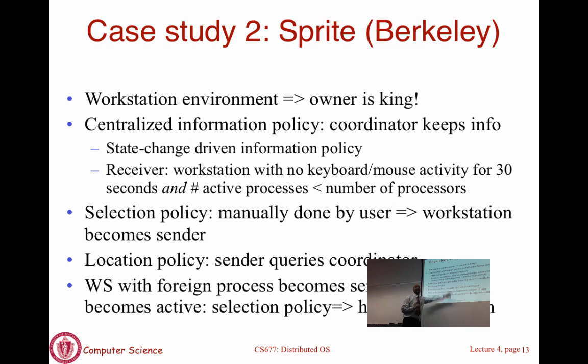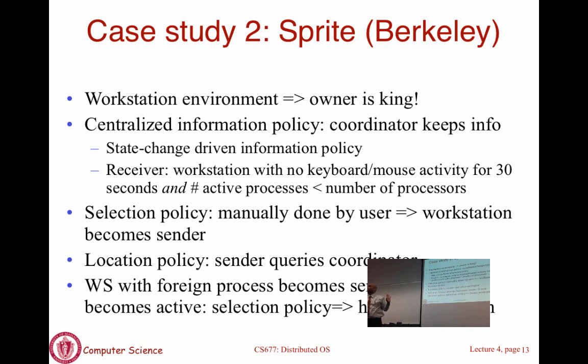And if the number of active processes that are running is below a certain threshold, here the threshold is just the number of processors on the machine, which means that the CPU is not actively running any jobs, then you become a receiver. Okay? So if the machine is idle and the number of processes on that machine is low, you become a receiver. And if you're a receiver, then you can go and try to look for work.